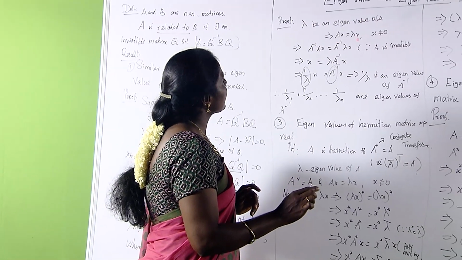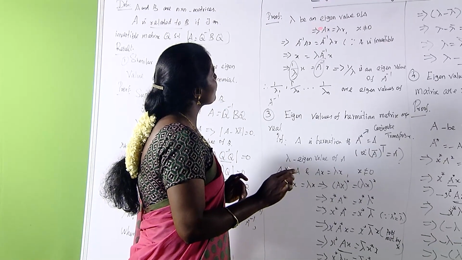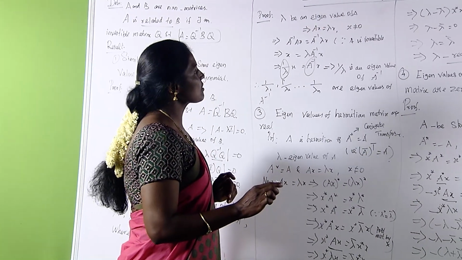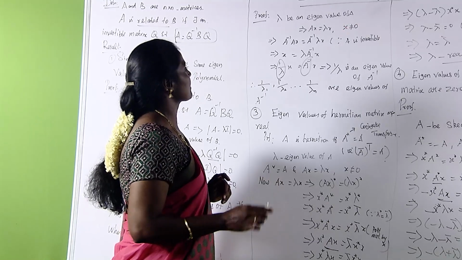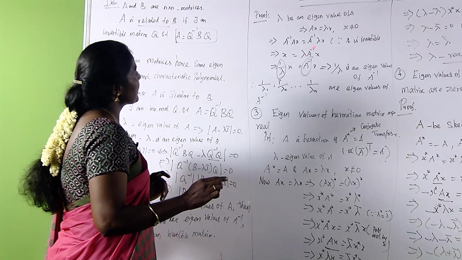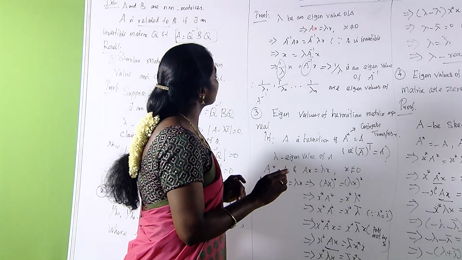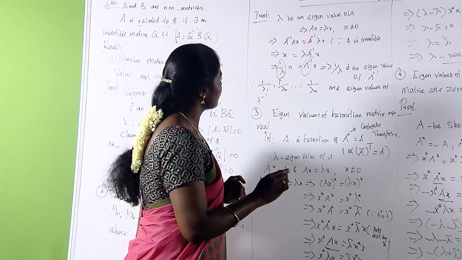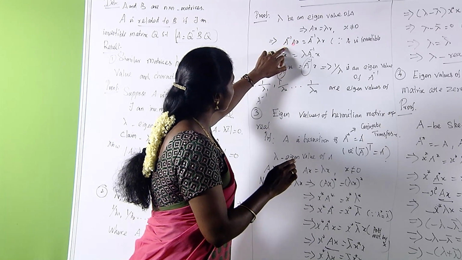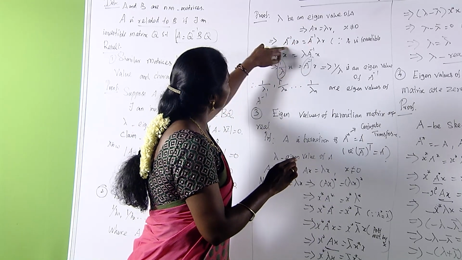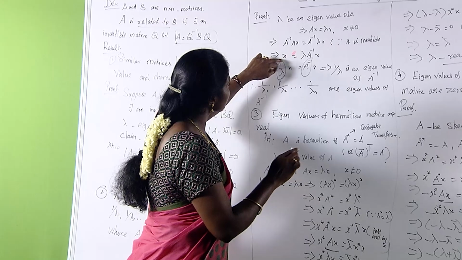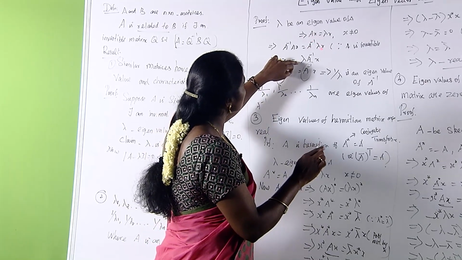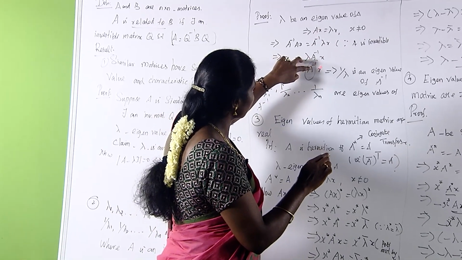Let lambda be an eigenvalue of A. As per the definition, Ax equal to lambda x for some non-zero vector x. Now, here A is invertible, so we can pre-multiply Ax equal to lambda x by A inverse. So, here A inverse A is the identity and the value becomes x, and A inverse lambda x can be written as lambda A inverse x.